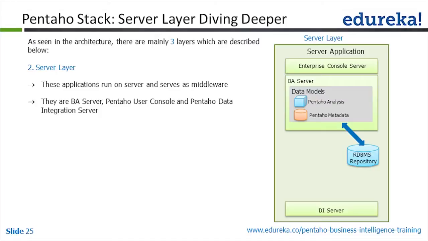The BA server is where you deploy the reports and dashboards you design and make them available to the end user. And User Console is, as I said, for user role mapping and security, and what data or which report is to be shown to which user in the organization.